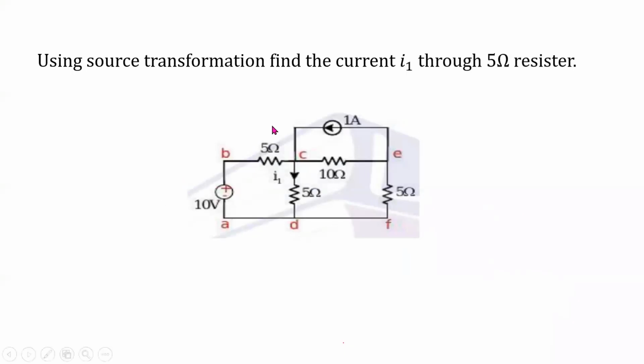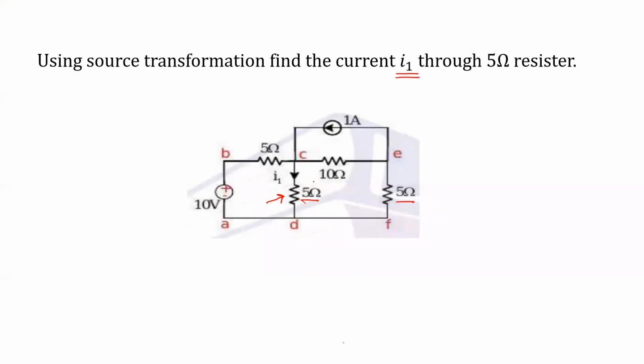Using source transformation, find the current I1 through the 5 ohm resistance here. Find out where the 5 ohm resistance is. Okay. There are two 5 ohm resistances, one here, another here. But the current through this 5 ohm resistance should be calculated because they have mentioned one more term here as I1.